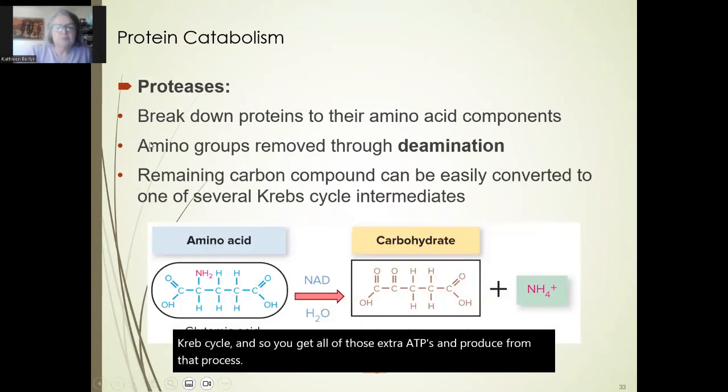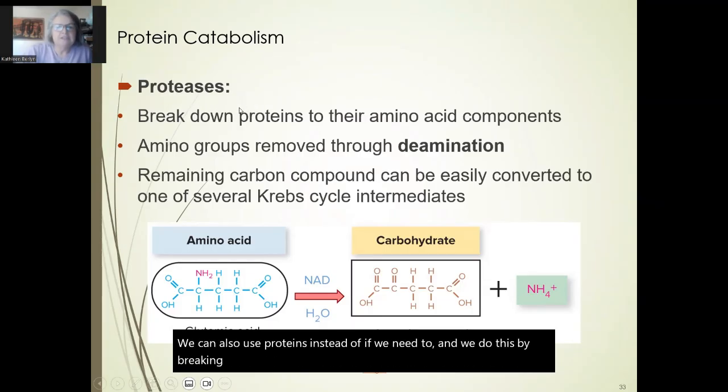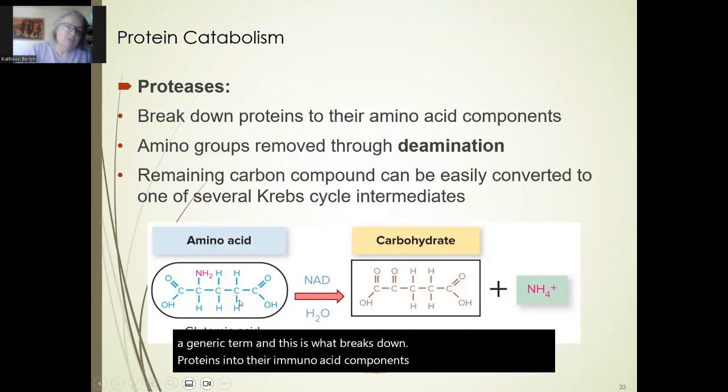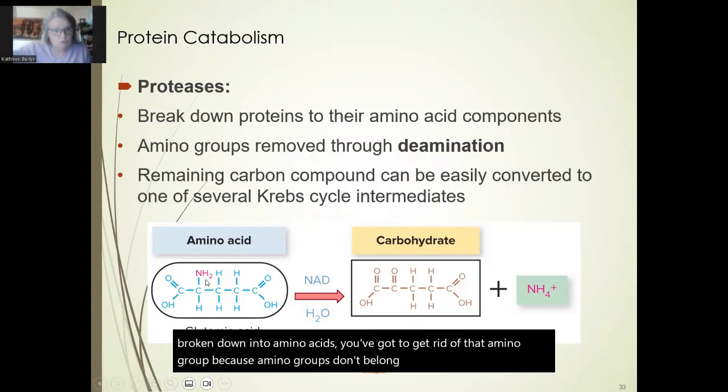We can also use proteins instead, if we need to. And we do this by breaking down proteins using enzymes called proteases. And there's a number of specific proteases, but this is kind of a generic term. And this is what breaks down proteins into their amino acid components. And once you have them broken down into amino acids, you've got to get rid of that amino group, because amino groups don't belong in the whole cellular respiration pathway.